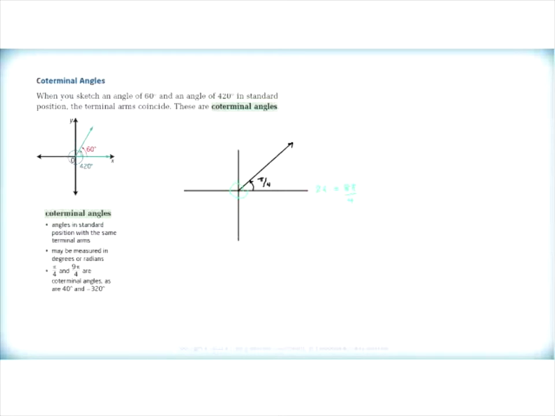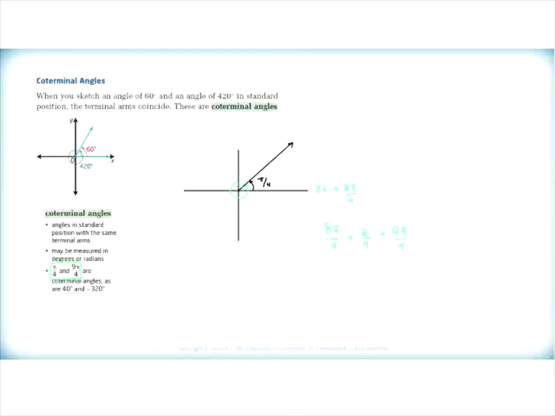One complete revolution is 2 pi, or 8 pi over 4. So we need to go another pi over 4 beyond that to get 9 pi over 4. If I rotate another pi over 4, you see I will stop at the exact same location, at the exact same terminal arm. So we say again that pi over 4 and 9 pi over 4 are coterminal angles.